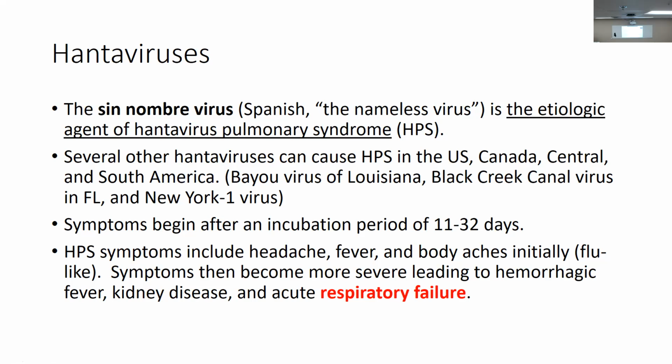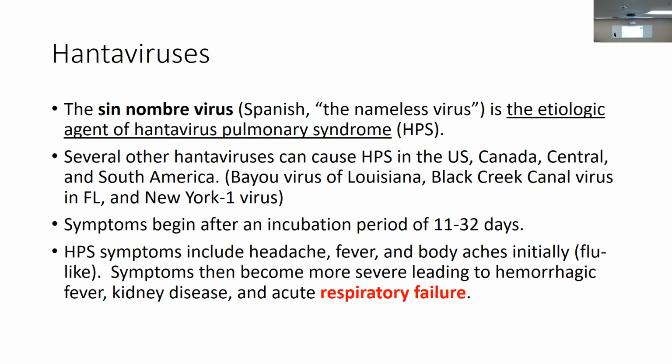Symptoms begin anywhere from 10 to 30 days, so 2 weeks, a week and a half into a month. Headache, fever, body aches, flu-like symptoms, of course, that gets thrown out just all the time. They become more severe, and they can go to hemorrhagic fever. So basically what we're starting today is the hemorrhagic viruses. Okay, so these are the movie viruses.